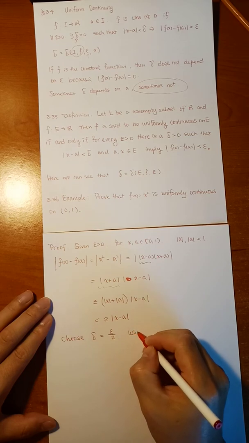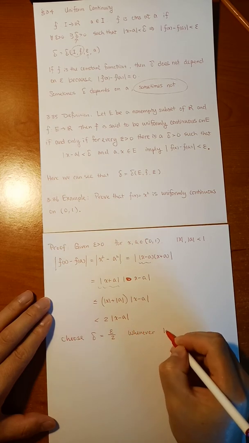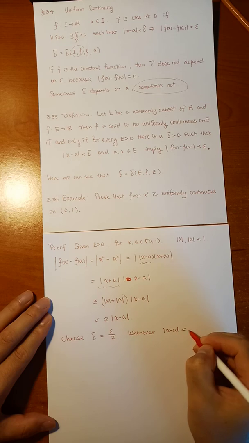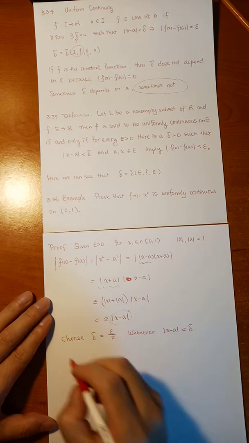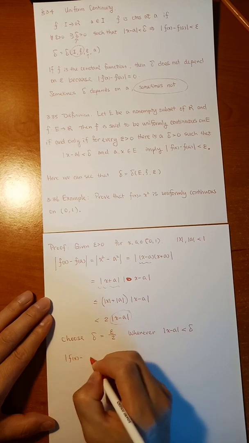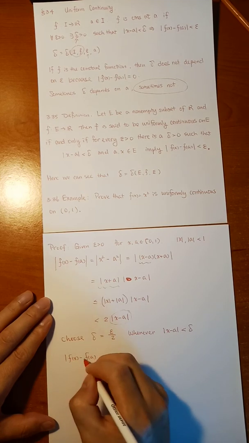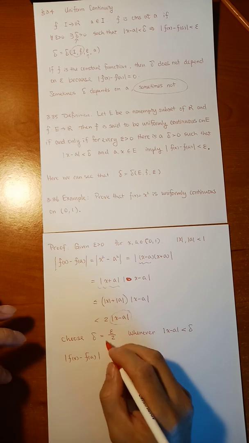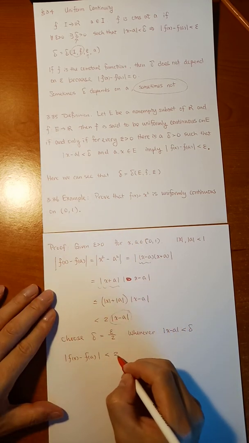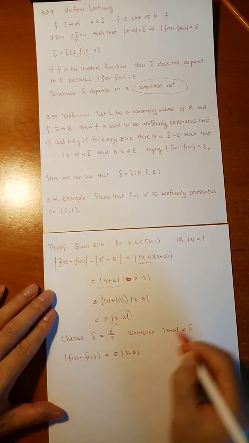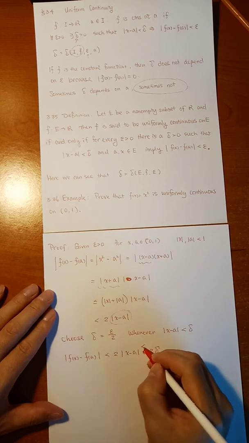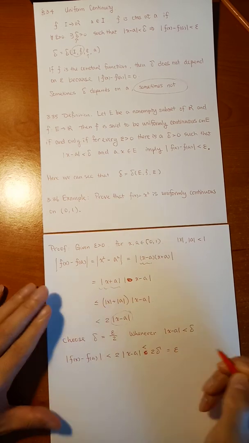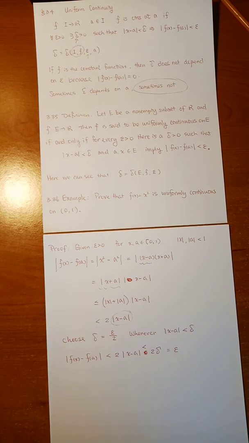Whenever abs value of x minus a is less than delta, abs value of fx minus fa is going to be, you see here, less than 2 abs value of x minus a, less than 2 delta, which is epsilon.